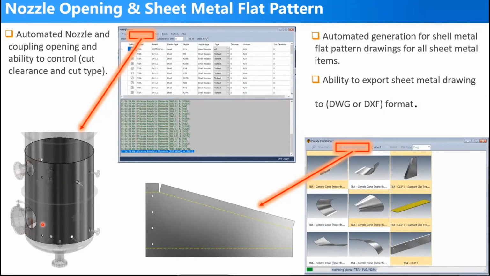After that, by using the sheet metal flat pattern tool, you will get a flat pattern for this sheet blade with all cuts, with all nozzle cuts. Is this point clear, or do you still have any issues?